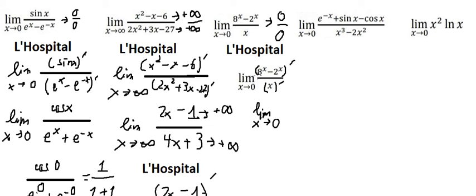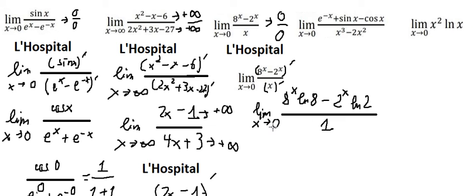So the first derivative of 8 to the power of x gives 8 to the power of x ln 8. The first derivative of 2 to the power of x gives 2 to the power of x ln 2. The first derivative of x gives 1. So when x approaches 0, we put 0 here, 0 here, and we get ln 8 minus ln 2.